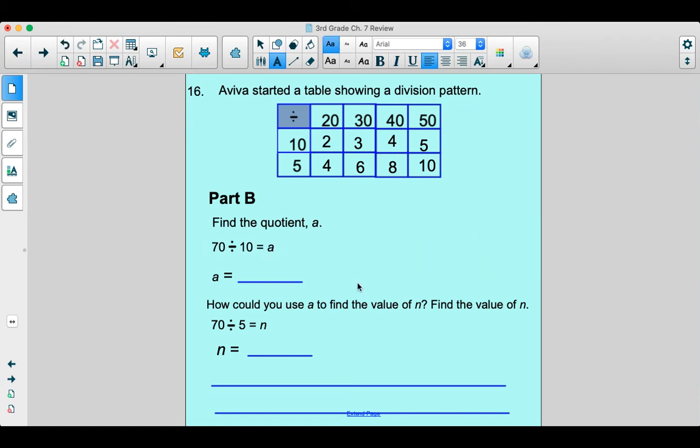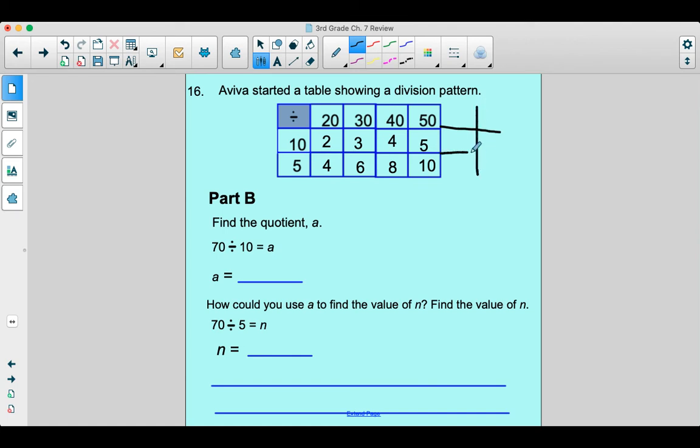So if you have 70, well, we could continue this pattern, right? So we could do 50, 60, whoa, 70. 70 divided by 10 would make, this would be a 6 and this would be a 7, right?